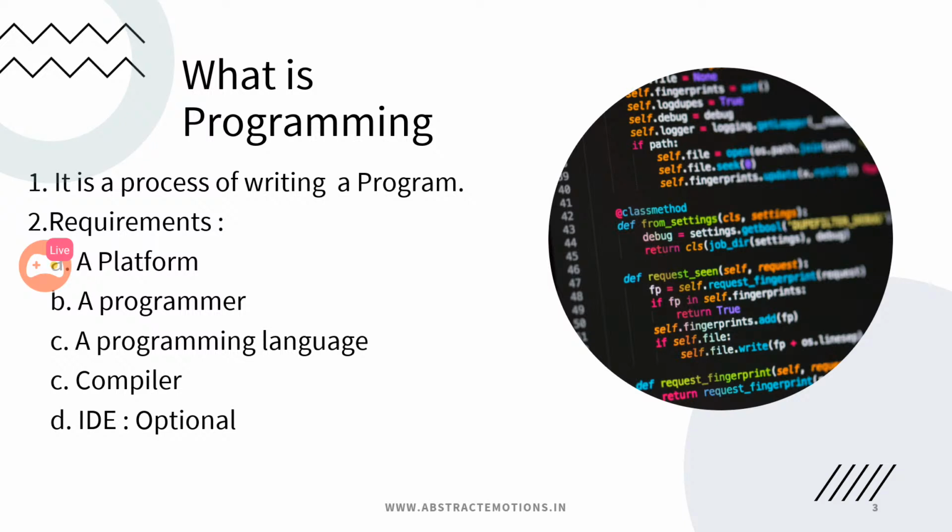Programming is a concept, or you can say basically it's a process whereby a programmer writes a program, and a program requires these things: a platform, a programmer, a programming language, a compiler, and an IDE. Platform is where the program will be developed and where the program will be deployed.